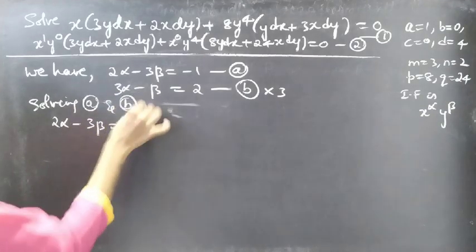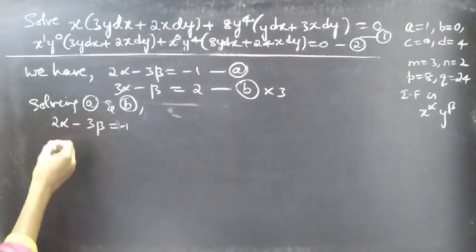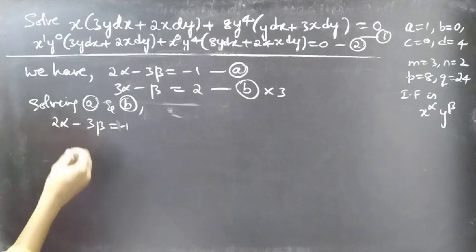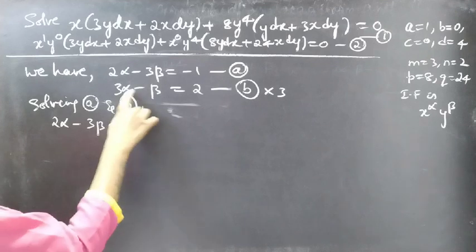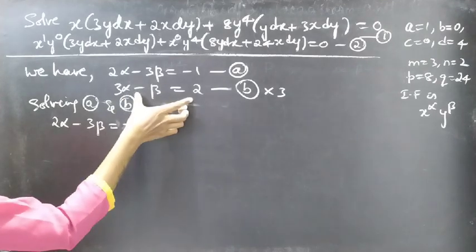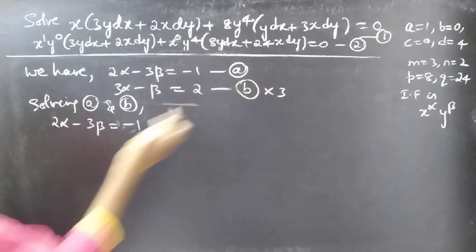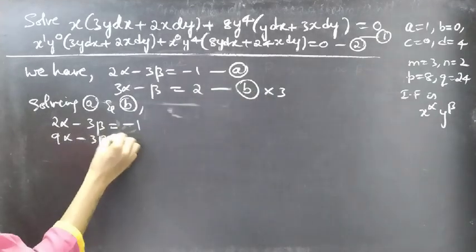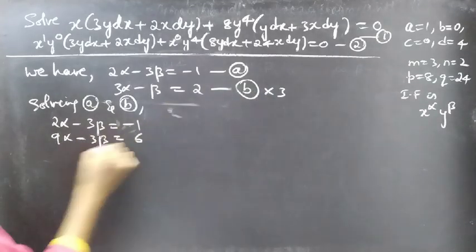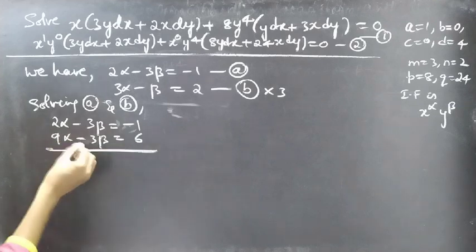Solving A and B. The first equation, equation A, is 2 alpha minus 3 beta equal to minus 1, and we'll multiply this equation by 3. Then you'll get 9 alpha minus 3 beta equal to 3 twos are 6. Now change the signs in the second equation.